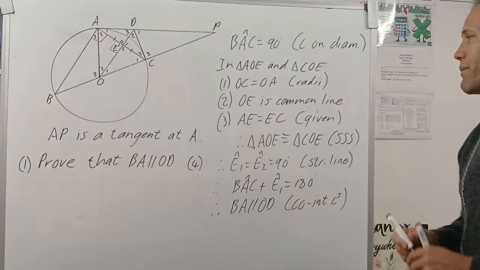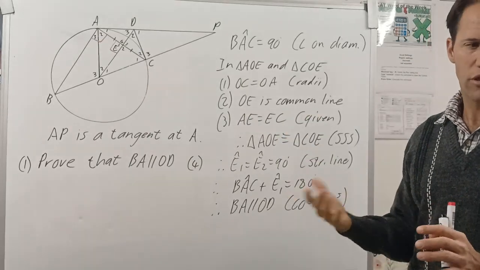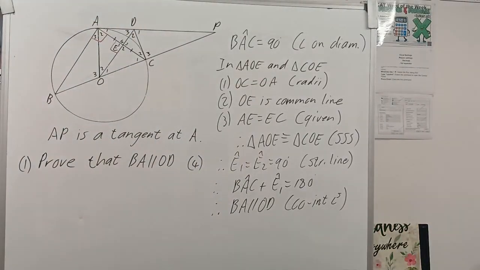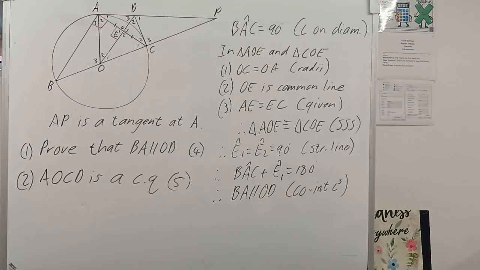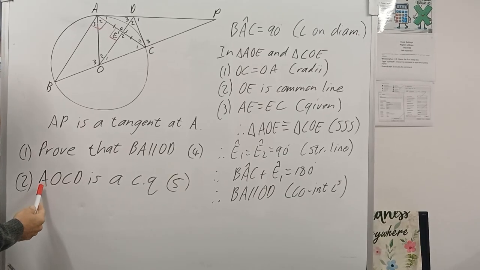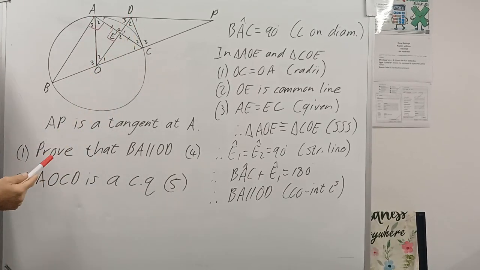So maybe that wasn't the best option, but at least we got there. Normally you just try to get to the answer, even if you take a longer method. Now the second question was, we must prove that AOCD is a cyclic quadrilateral.